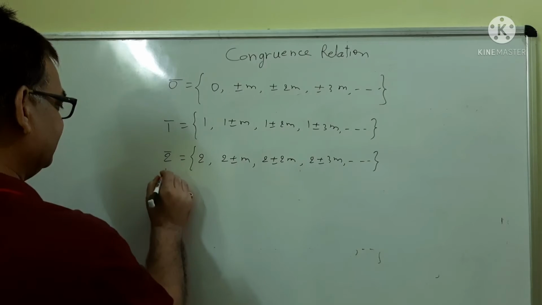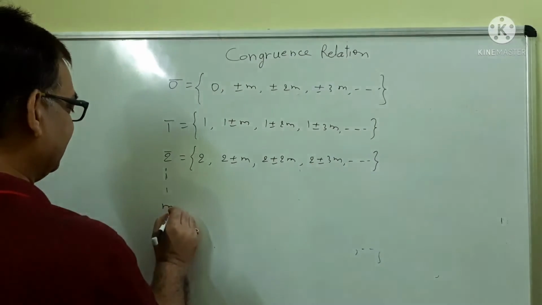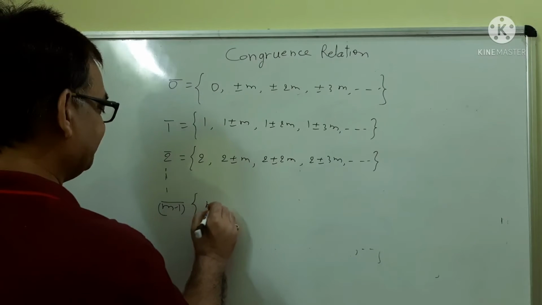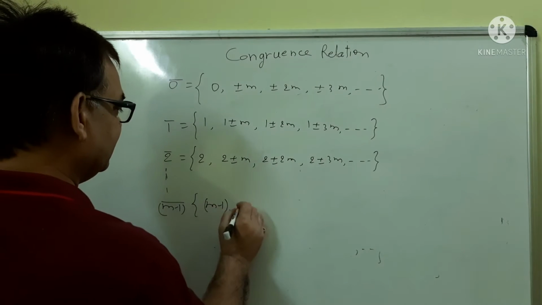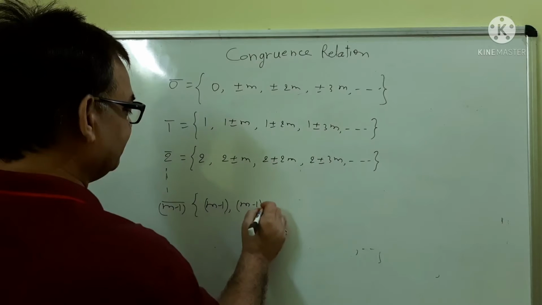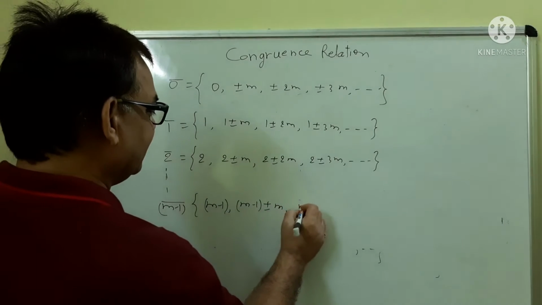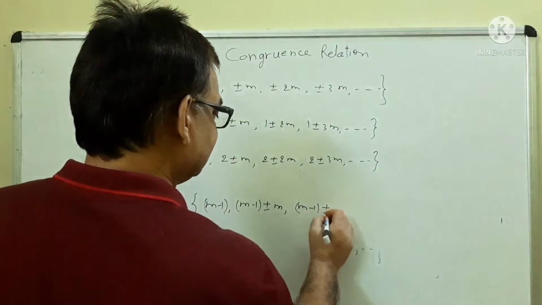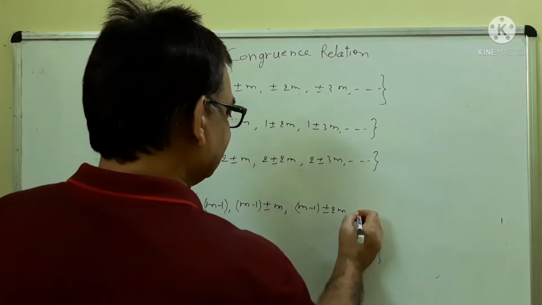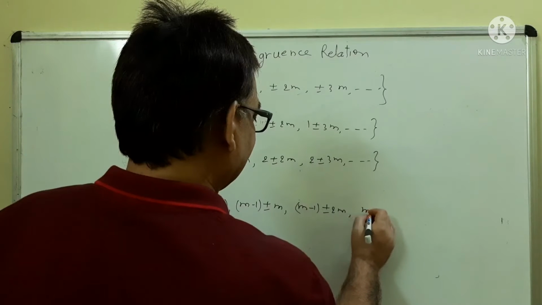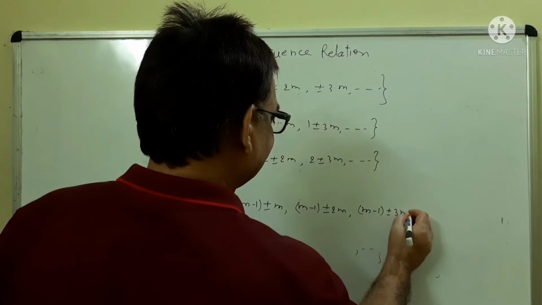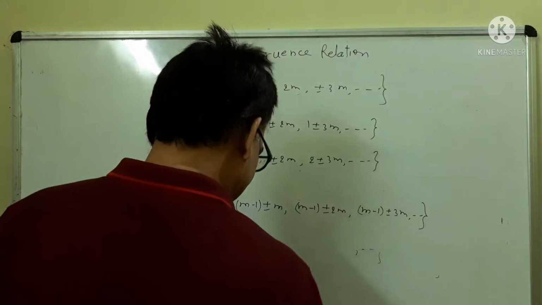Then m minus 1 bar will become m minus 1 plus minus m, m minus 1 plus minus 2m, m minus 1 plus minus 3m and so on.